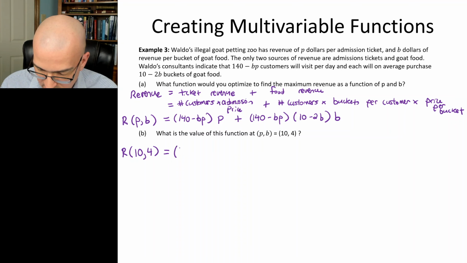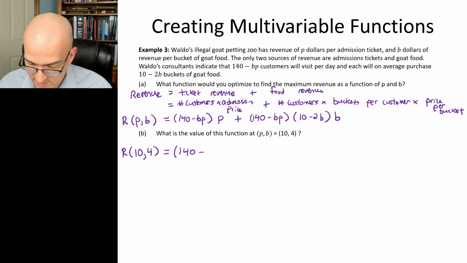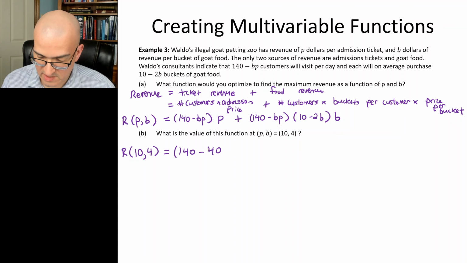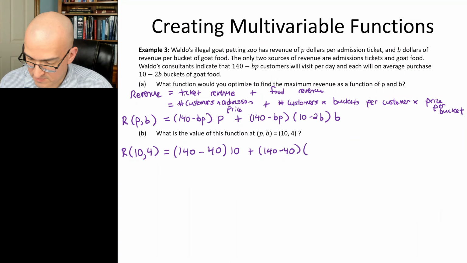We're going to have 140 minus 40, 10 times 4, times P, so times 10, plus 140 minus 40, times 10 minus 8, that is 10 minus 2 times 4.